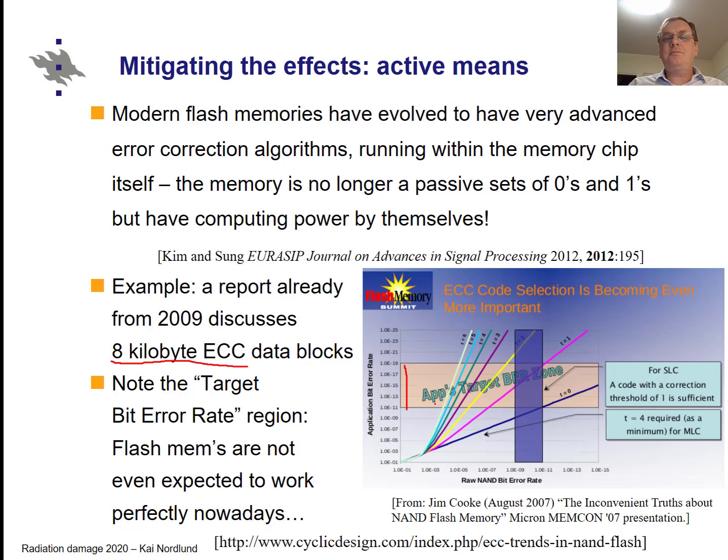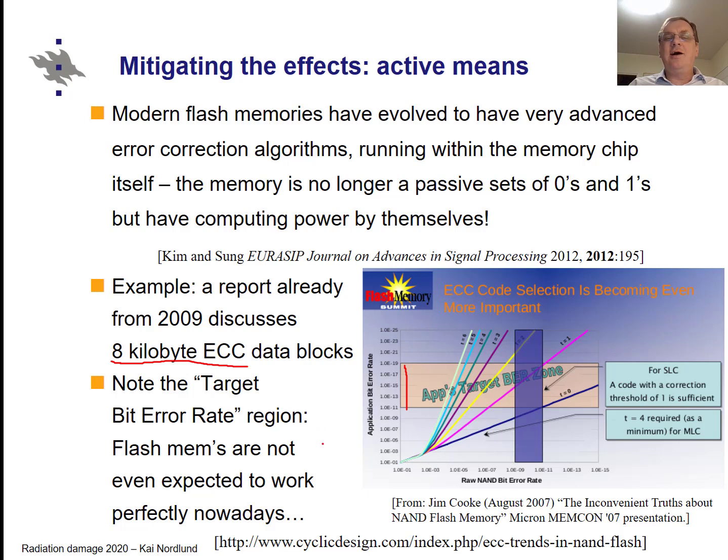And 100 gigabits is already 10 to the power of 11 bits. So this 10 to the minus 11 in modern memories is actually already a significant error rate.